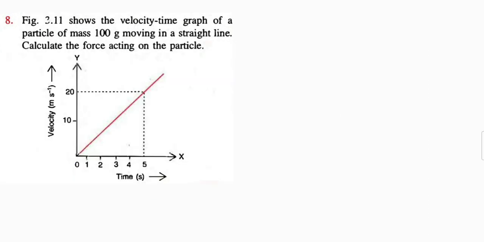Question number 8. A graph is given to you, a velocity time graph. Mass is given as 100 grams and they have asked you force. Force is nothing but mass into acceleration. Step number 1, convert mass 100 grams to kilograms. Hence I can write mass is equal to 0.1 kg. Now what about acceleration? We can calculate acceleration by finding the slope from this graph.